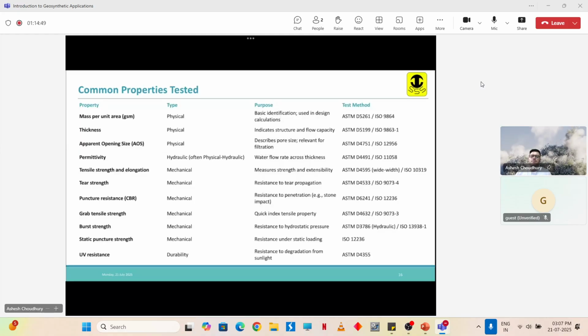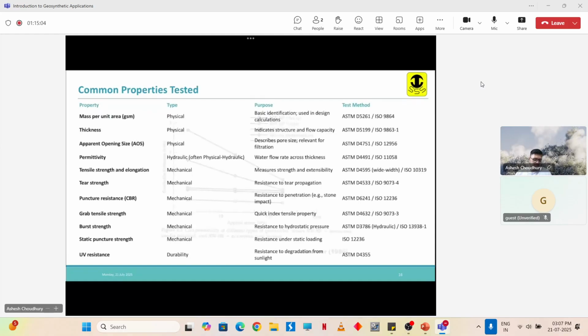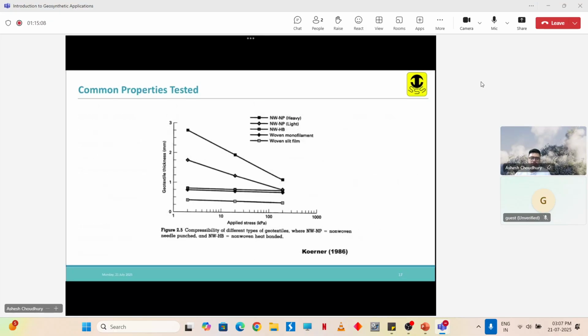Then you have static puncture strength, that is resistance under static loading. Then we have UV resistance, that is durability, resistance to degradation from sunlight. Okay. So as I said, thickness indicates structure and flow capacity. So here this example is actually given.